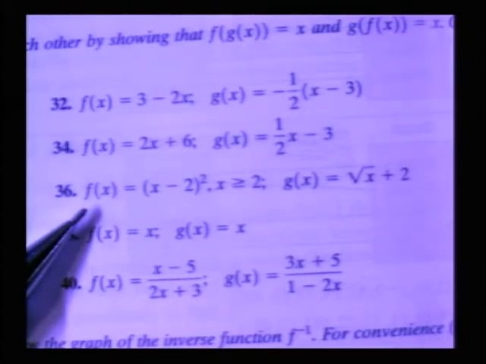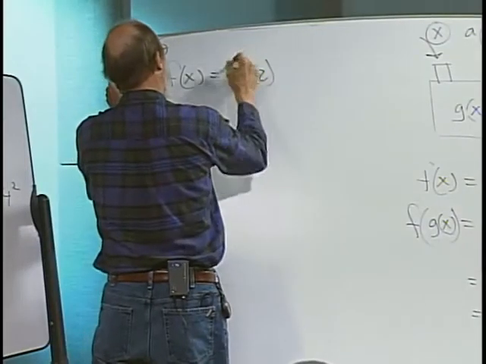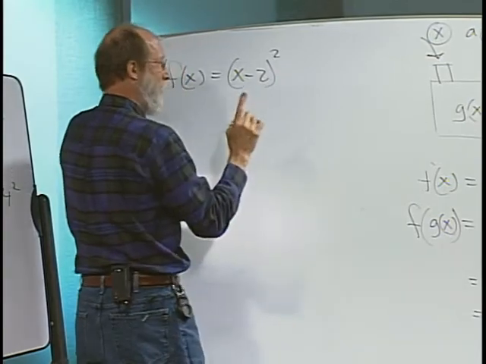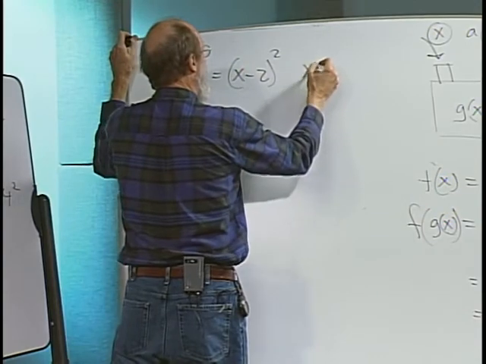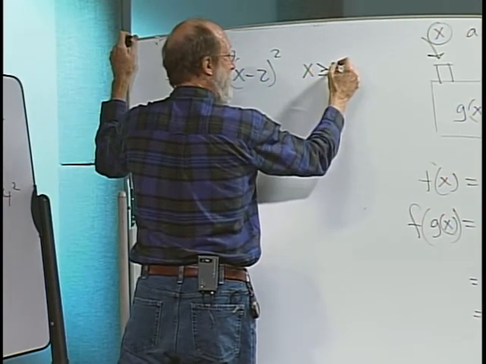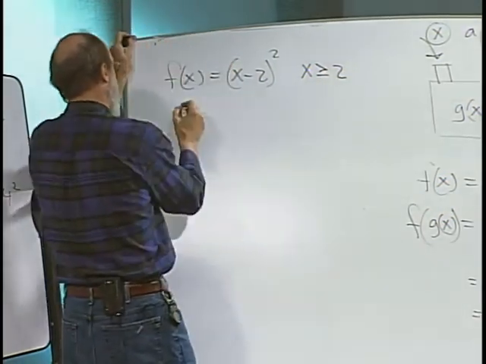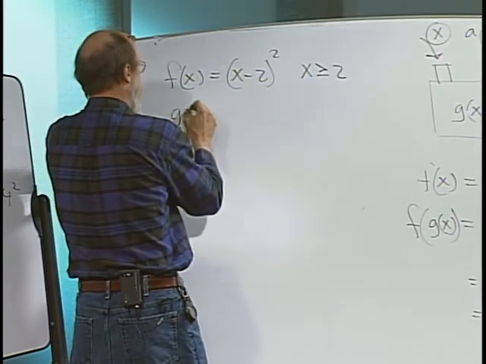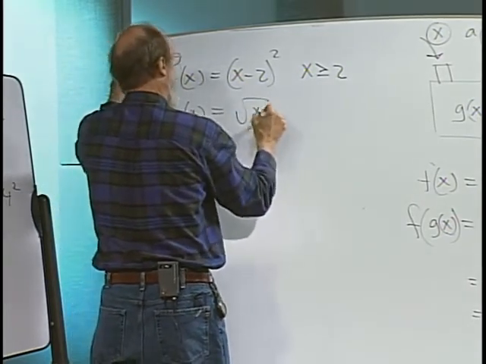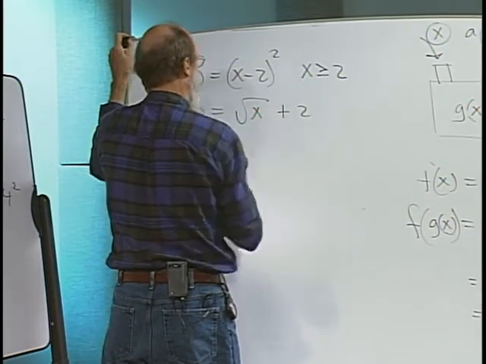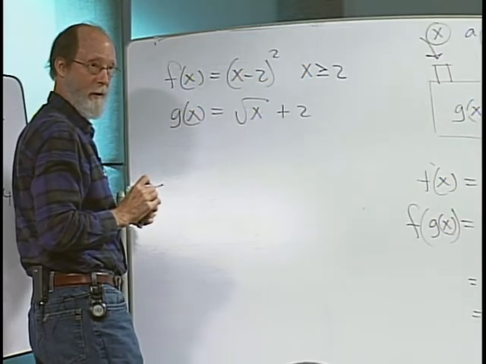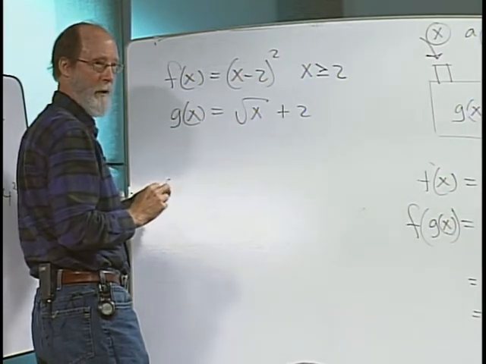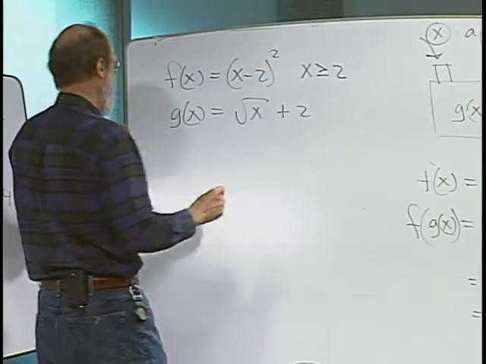This particular problem tells us that f of x is given to us as (x minus 2) squared. Notice what else they just gave us in the problem: a restricted domain. And then associated with it is g of x equals the square root of x, and outside the square root is a plus 2. Let's draw sketches of each of these first, and then we'll look at what the instructions were for doing the math.